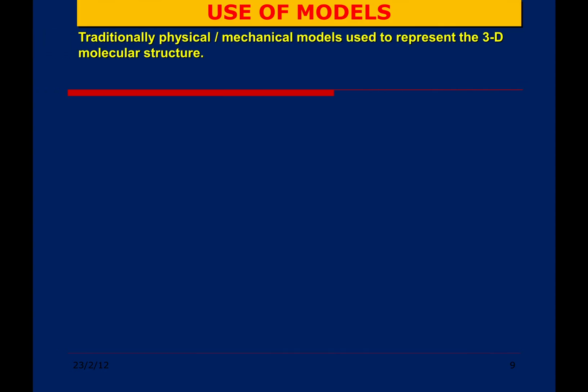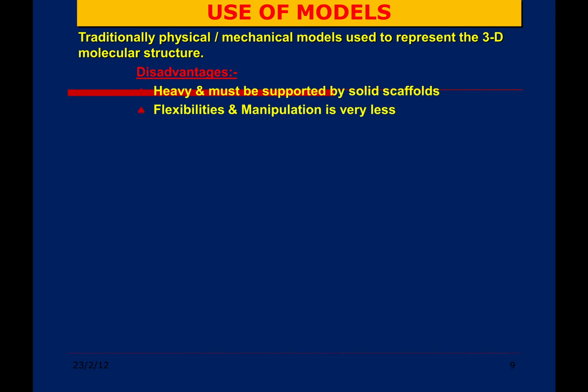So, why do we use models? Traditionally, physical mechanical models are used to represent the 3D molecular structure. They have a lot of disadvantages. They are heavy and must be supported by solid scaffolds. Imagine a model of a DNA molecule with several hundreds of atoms; it will be really heavy and has to be supported with scaffolds. The flexibility and manipulation is less.